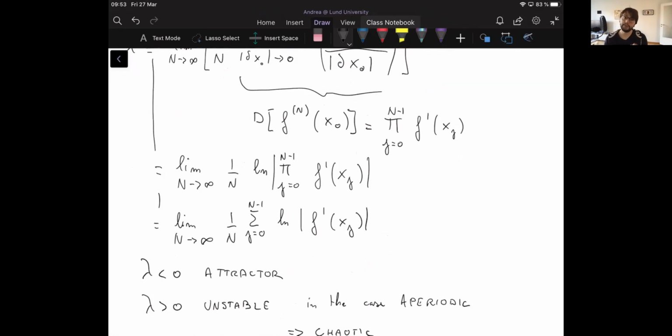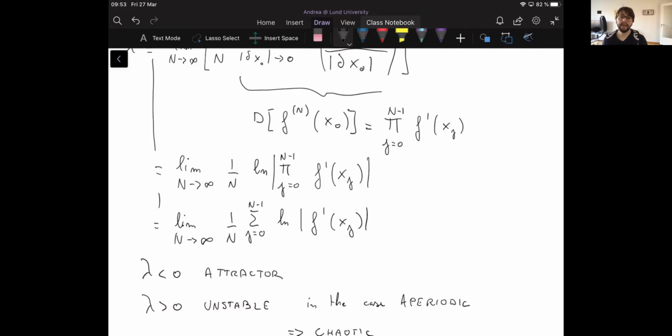So you can either take two solutions, let them evolve for a long time, and track how the difference grows, or at each and every step, you calculate the derivative of your map at that precise step. And then you take the logarithm and sum, and you do an average over these points that you tracked. Okay, so this is only possible numerically then? That's only possible numerically, exactly. Okay. I think I understand.